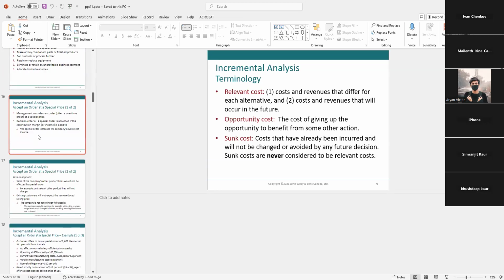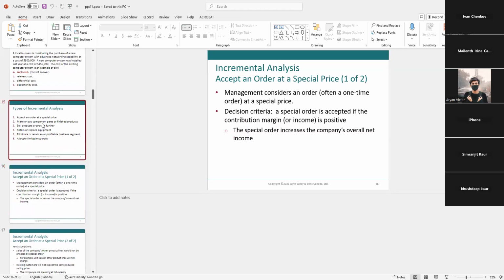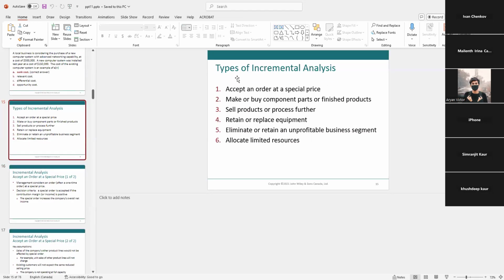Now, there are different decisions, but the first decisions in the incremental analysis are: first, accept an order at a special price. Second type of decision is make versus buy a product or finished good.